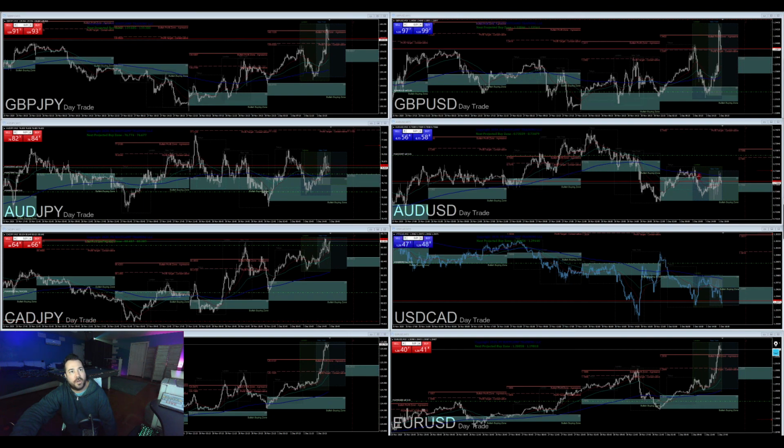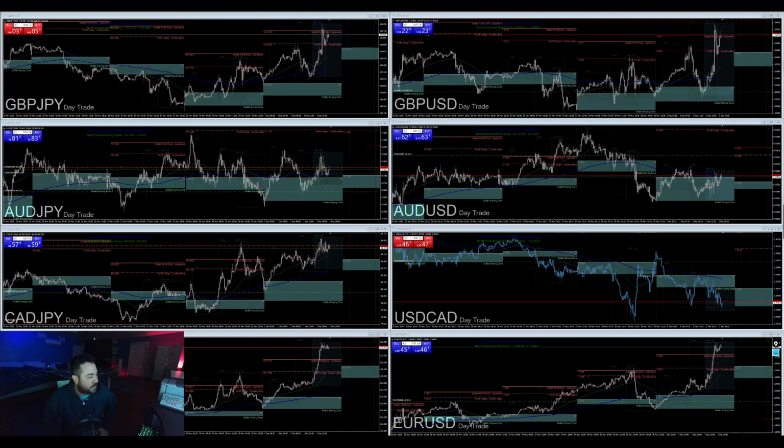Every time we go up to break above, we keep getting rejected, so I'm showing lots of bearishness there. And just not much movement on the Australian yen, still hanging out above the central pivot. Pounds are coming off the highs, right out of that take profit zone right there. It's 9:49 a.m.